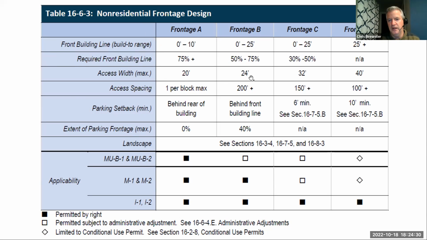These standards really come from the current limit on access width, which generally is 30 feet, and it just says that generically throughout the entire development code. And so we began to scale that towards, you know, whether you're more pedestrian oriented or car oriented. And this roughly reflects a lot of the measurements we took on some of your key blocks that reflect these different types.